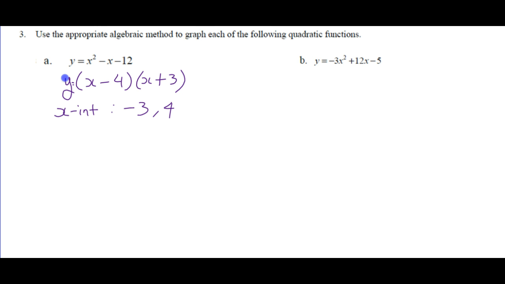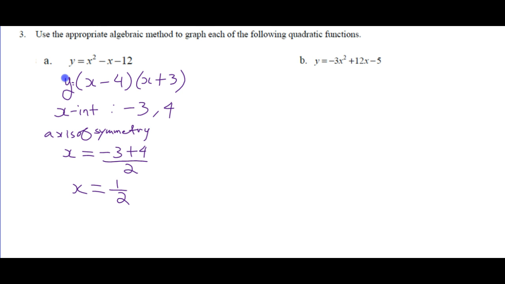X-intercepts are points on a horizontal line. If we have 2 points on a horizontal line, we average them together to find the x-coordinate of the axis of symmetry. Right? So at this point, we're saying, okay, so the axis of symmetry x is equal to -3 plus 4 over 2, which is 1 over 2.